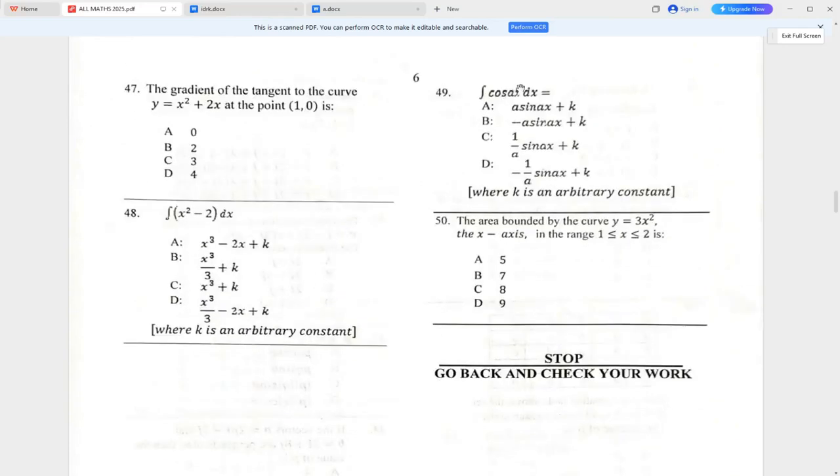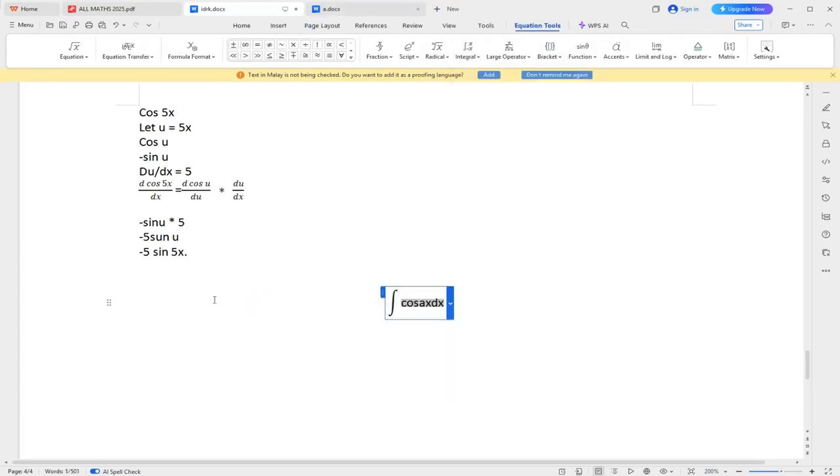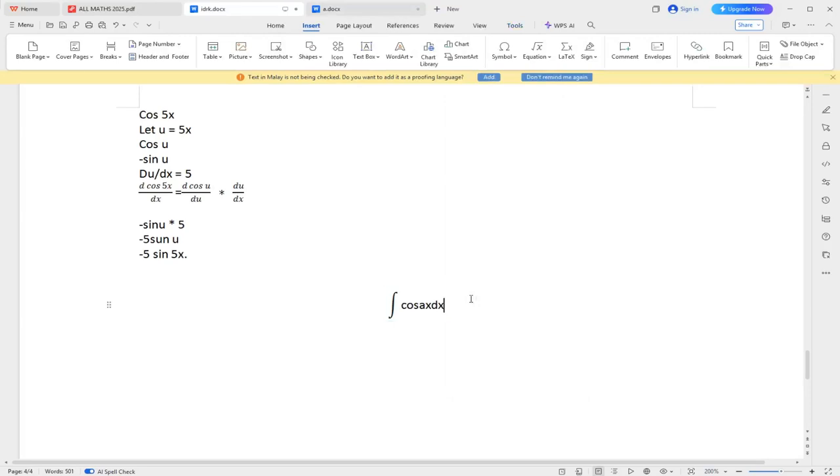Question 49, the integral of cos ax dx is equal to, you can do this by saying we're integrating cos ax dx, and here you can say let u be equal to ax.